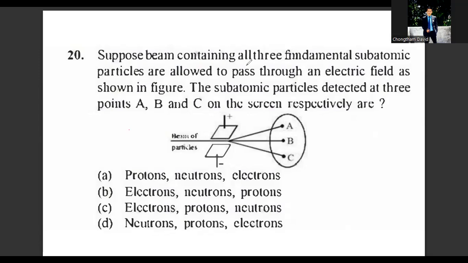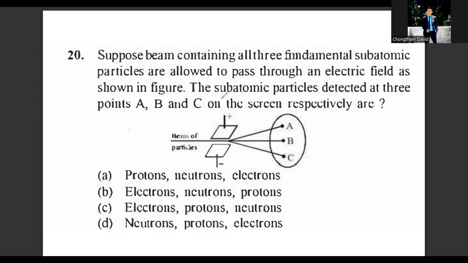From that value given by Thomson and the oil drop experiment, we can conclude that the mass of the electron was 9.1 into 10 to the power minus 31 kilograms. Since electrons are negatively charged particles, they got deflected toward the positively charged plate, whereas protons, being positively charged, get deflected towards the negative plate. Neutrons are neutral in nature, so they went straight.